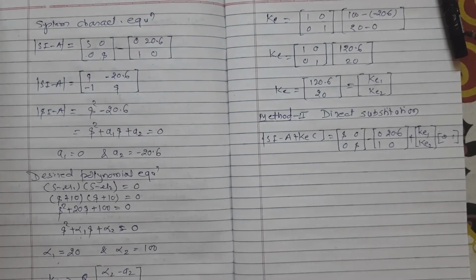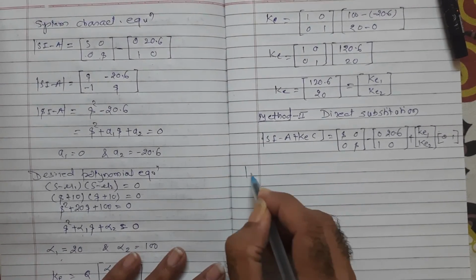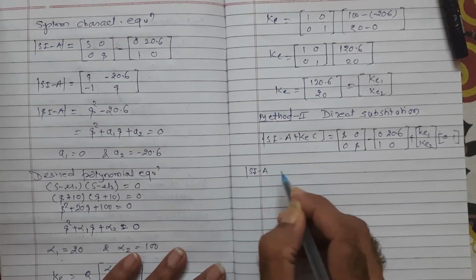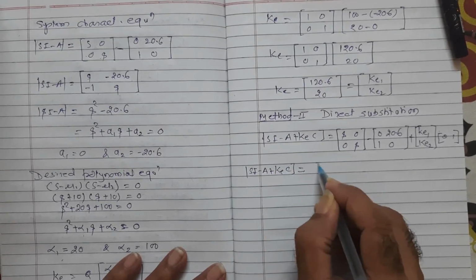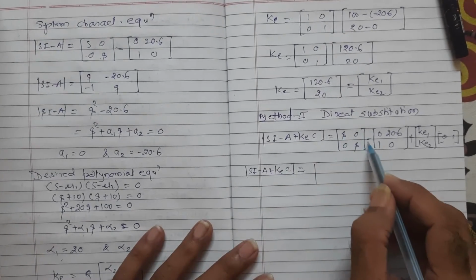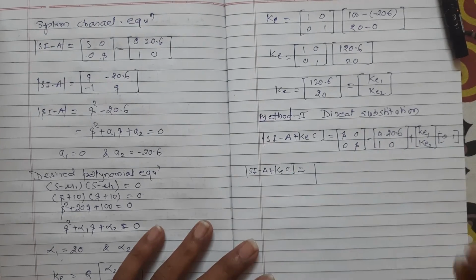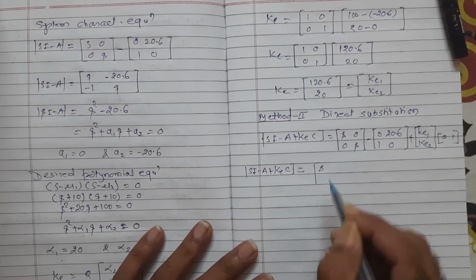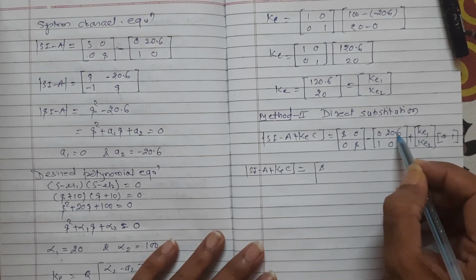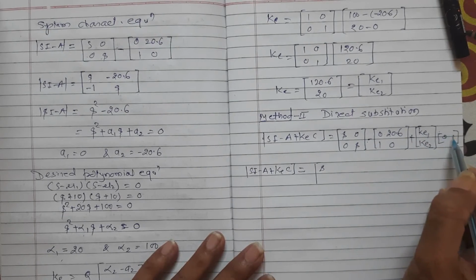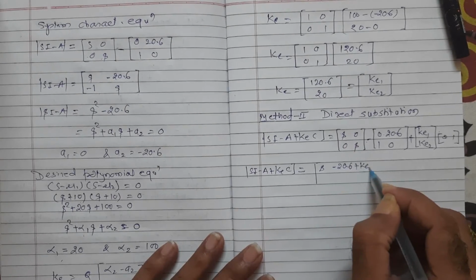Now we will do the algebraic sum of this one. So we can write sI minus A plus Ke into C equals a matrix. Now we will write this is s minus 0 plus Ke1 into 0, that is 0. So here is the s. Now this is 0 minus 20.6 plus Ke1, so this is minus 20.6 plus Ke1.